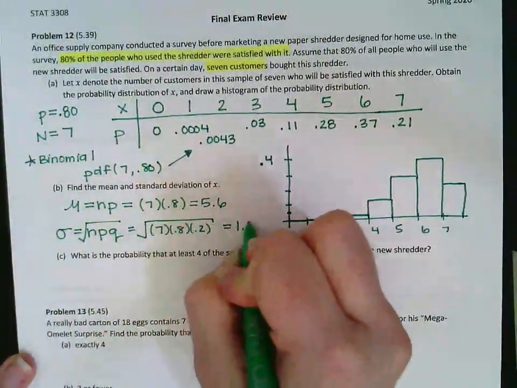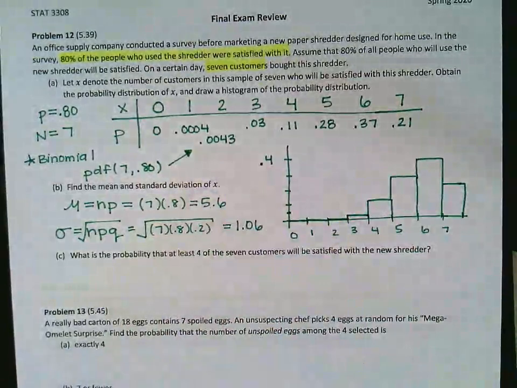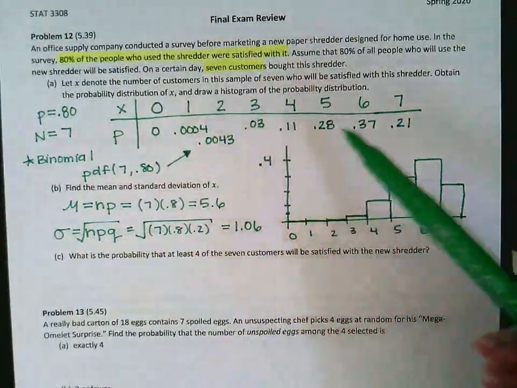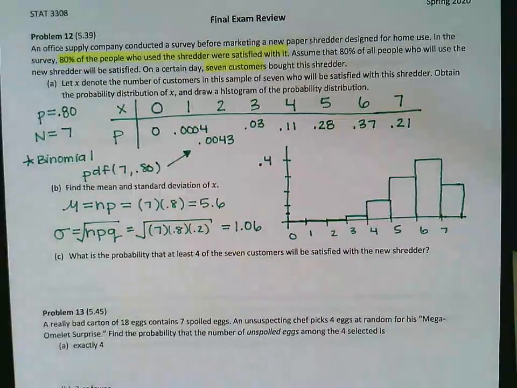And I get 1.06. You could do this the same way that we did problem 11, x times p, the whole way. That'd be the long way to do it. If you realize it's a binomial situation, which you had to do to set it up to find out probabilities anyway, then you should just use those equations, okay?